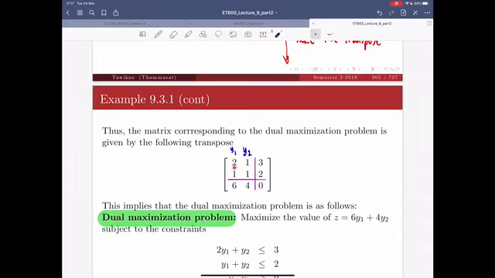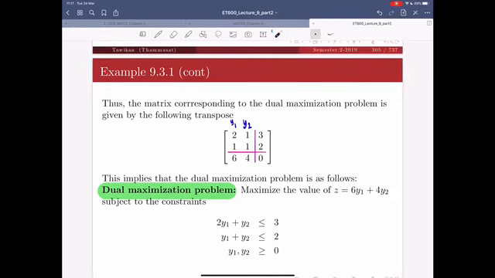So over here, in this portion, you're going to get the coefficients of y1 in the first column, and coefficients of y2 will be put in the second column. Alright, so corresponding to the coefficient values of the variables y1 and y2, I've got those two constraints. 2y1 plus y2 less than or equal to 3.